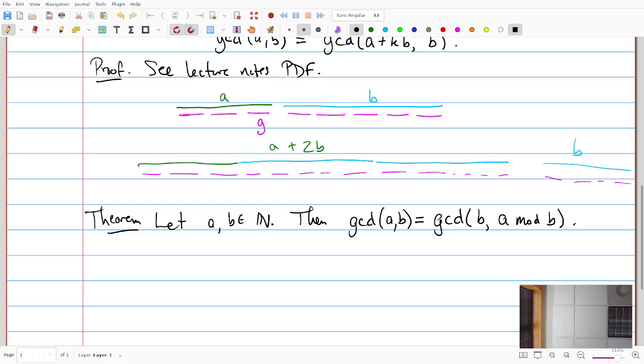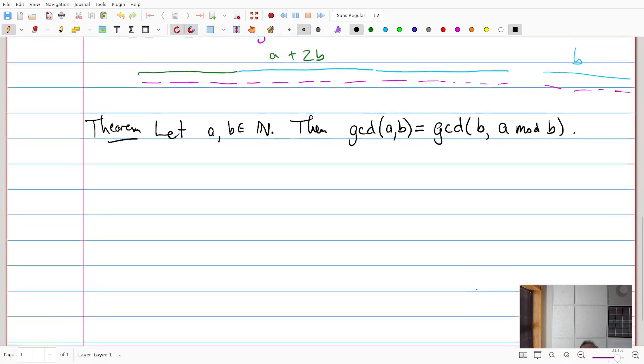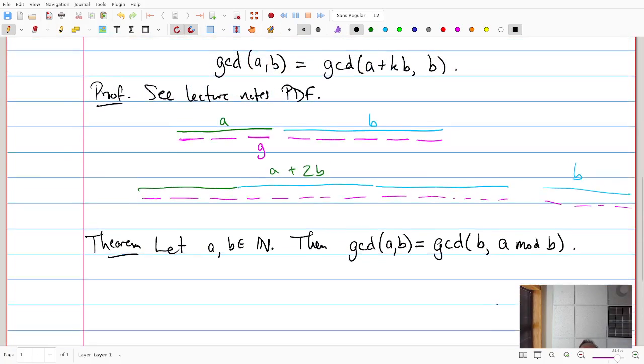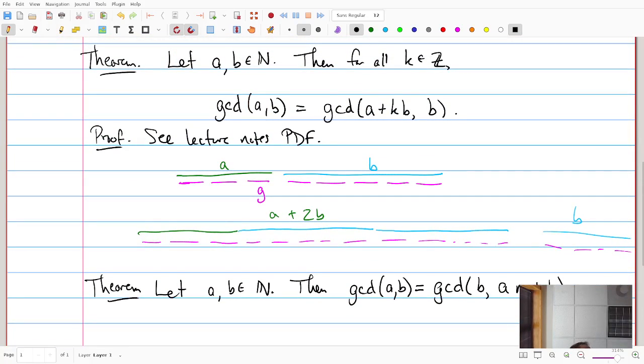What is A mod B? Remember, that just means the remainder if we divide A by B. Why is this true? Well, really, I'll write down a proof in a second, but just think about it for a second. It's true because of this theorem. So what is A mod B?